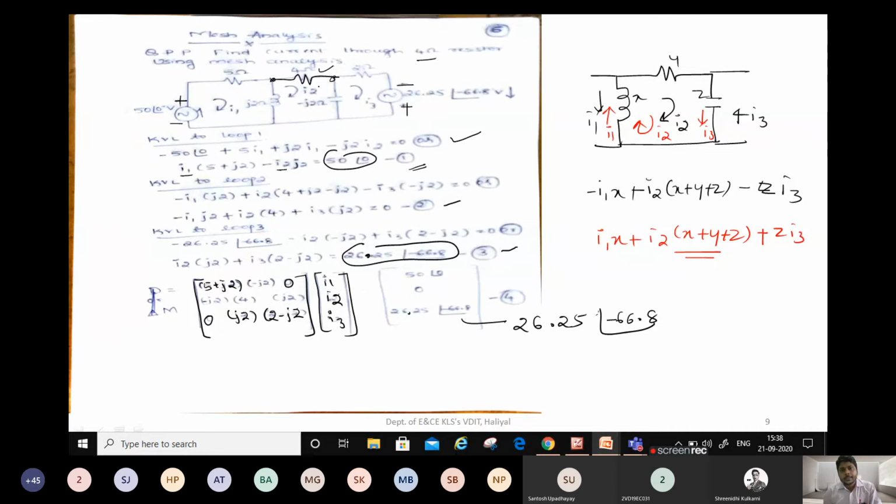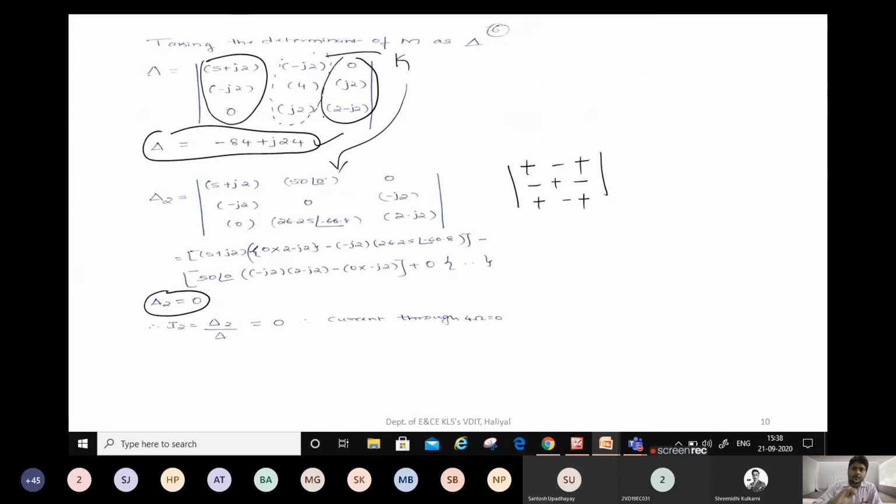That means this I2 will be 0. Like that they will twist the question. Other solutions or other varieties of problems we will do either offline or I will make separate videos and send you. These steps are for reference.